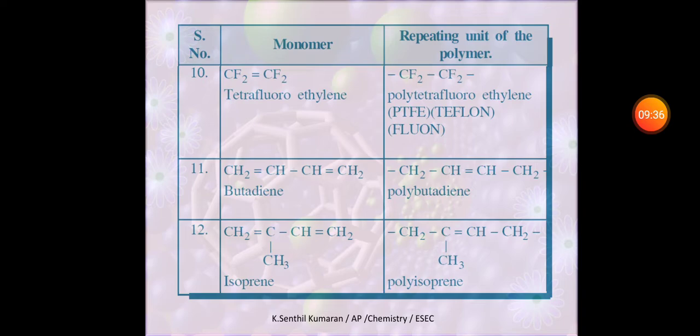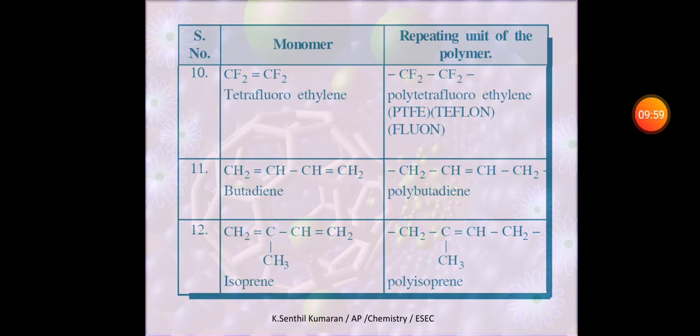Next, butadiene. But means 4, di means 2, ene means double bond. So the 4 carbon atoms are present here, with alternate carbon atoms connected with double bonds, so it is called butadiene.